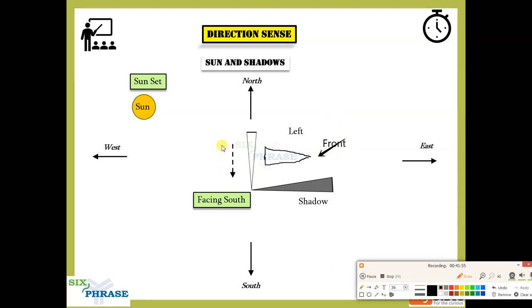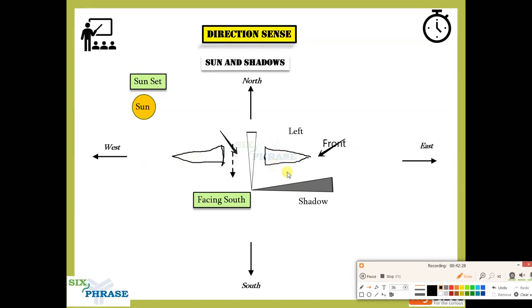Let us suppose that the object is like this. This is the object, it is facing west. Now the sun is setting, guys. Where will the shadow lie? The shadow will lie somewhere here, right? Because you have to understand this is not flat, this is standing up, standing erect, pointing towards the sky.